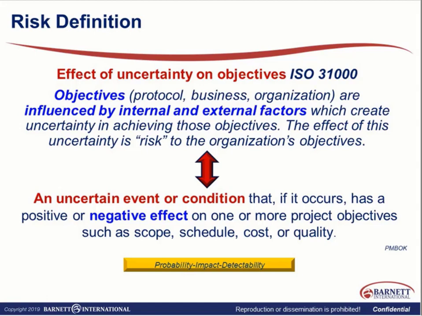PMBOK goes on to say that this uncertain event or condition, if it occurs, has a positive or negative effect on one or more project objectives, such as the scope, the schedule, the cost, or quality. So now we could have either a positive or negative effect on our project.